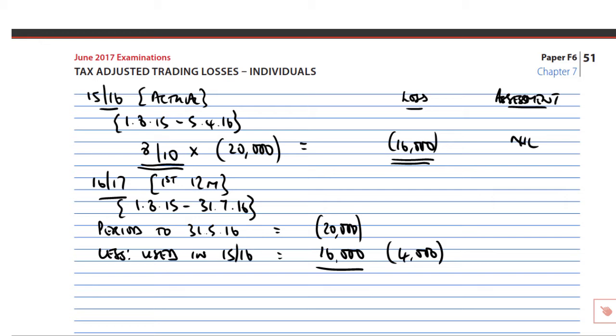But be careful, because in computing the assessment for this tax year, we need the first 12 months. So as well as that amount of loss for the first 10 months, we also need to include 2 months of the 12 months worth of profit that then followed.